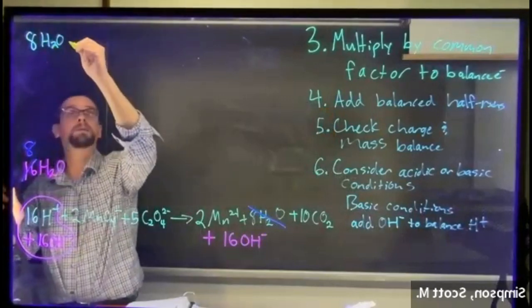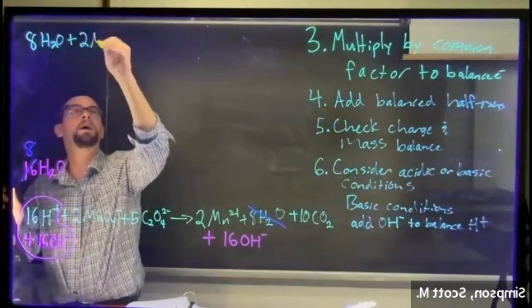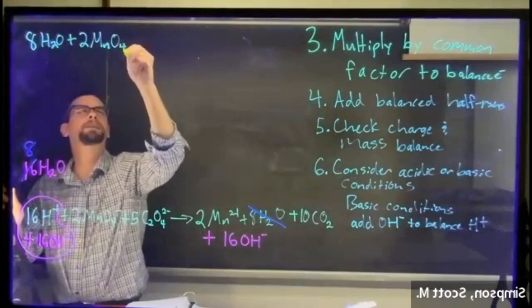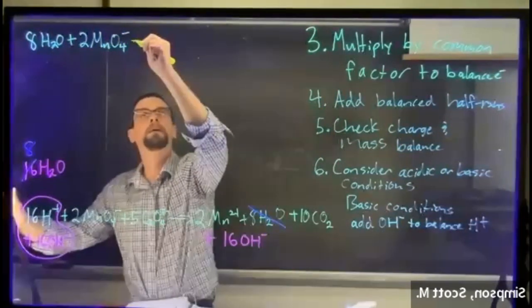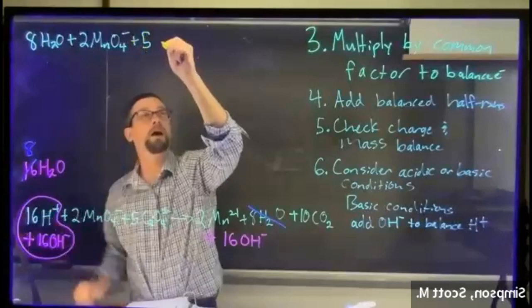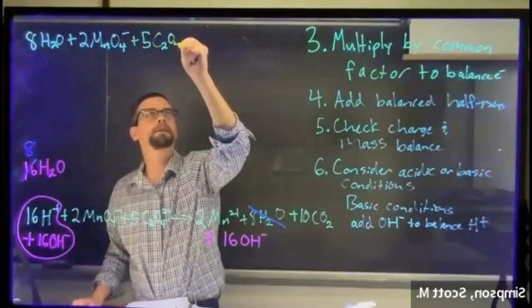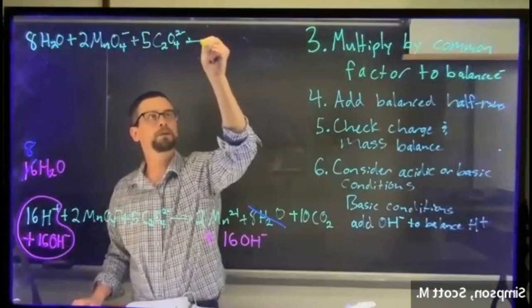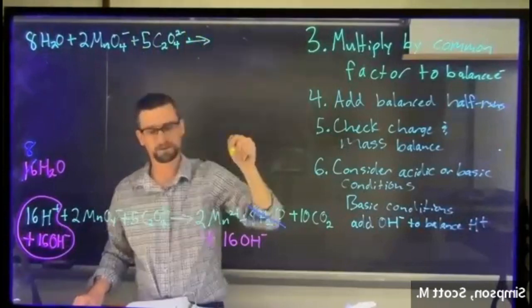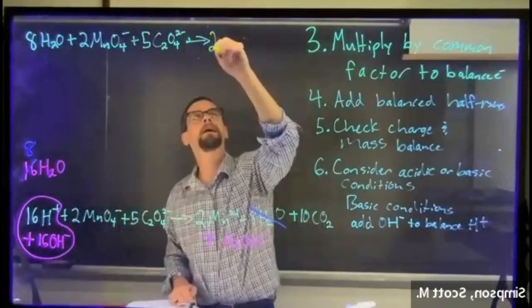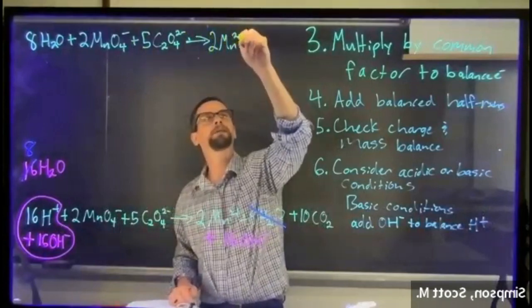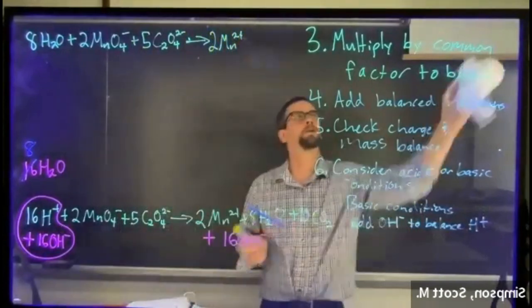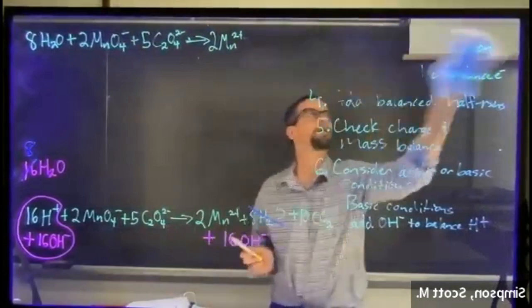8 waters, 2 MnO4s, 5 oxalates. Oops, reaction here. Sorry, these things are squeaking like crazy. 2 Mn2 plus. I'm going to need more space, so we'll erase this guy.